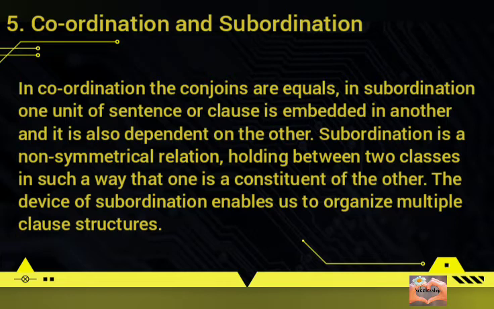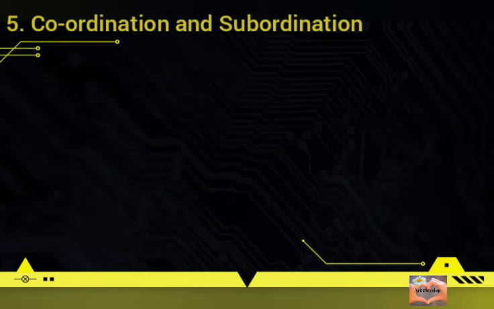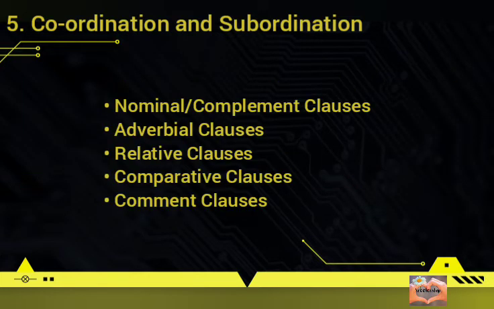Subordination is a non-symmetrical relation holding between two clauses in such a way that one is a constituent of the other. The device of subordination enables us to organize multiple clause structures, like nominal or complement clause, adverbial clause, relative clause, comparative clause, and comment clause.